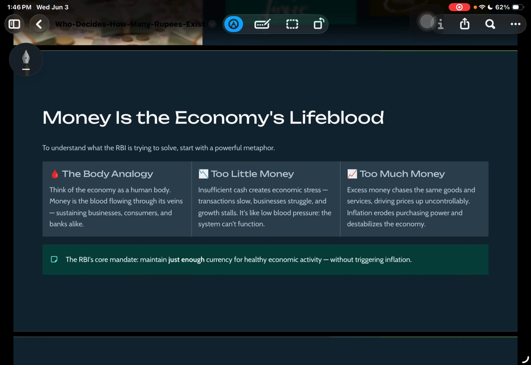See, money, as we have understood in the previous videos, provides liquidity. Cash provides liquidity. An analogy could be the body surviving through blood, right?